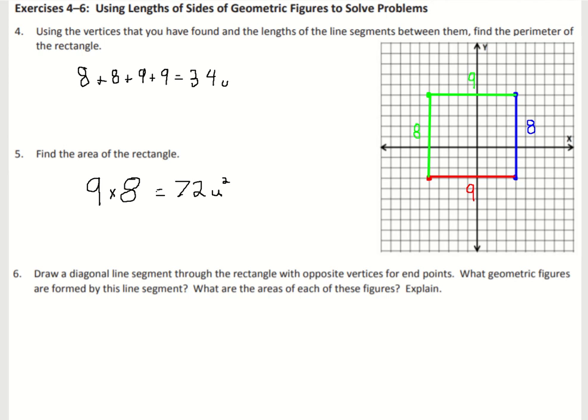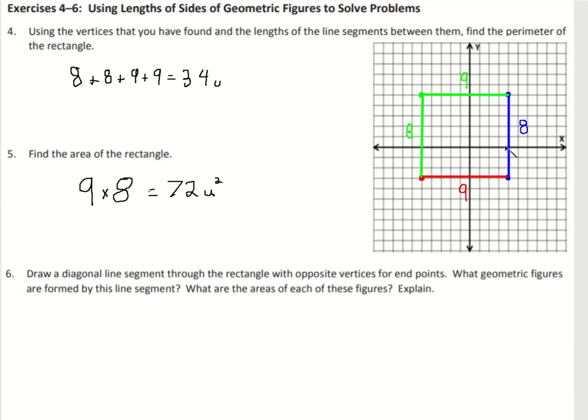Exercise 6, however, is a little interesting. It says, hey, let's draw a diagonal line segment through the rectangle with opposite vertices for endpoints. So what I'm going to do is exactly that. It only tells us to do one line segment. I actually meant for you to be a different color, so let's swap over to this purple.